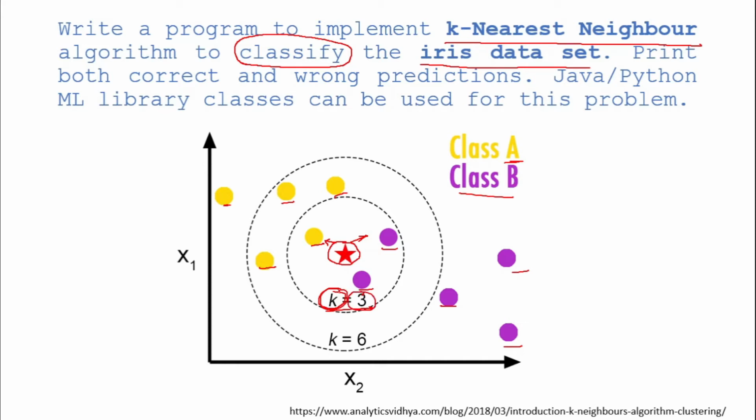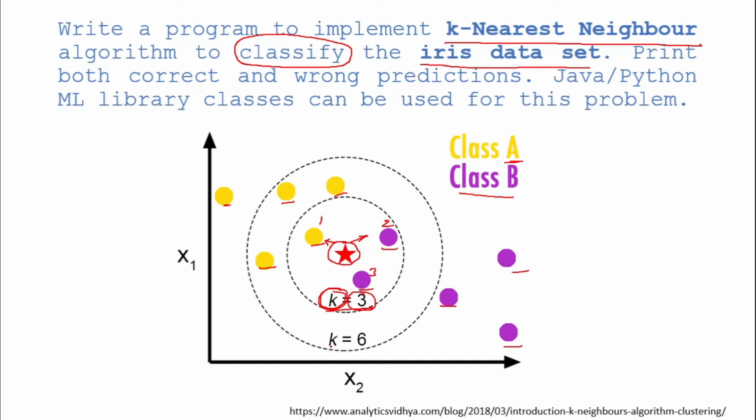Because I have taken K equal to 3, I need to consider the first 3 neighbors. So this is 1, this is 2, this is 3. Out of the 3 neighbors, how many belong to class B, how many belong to class A? In this way I can classify which class a particular data point belongs to.